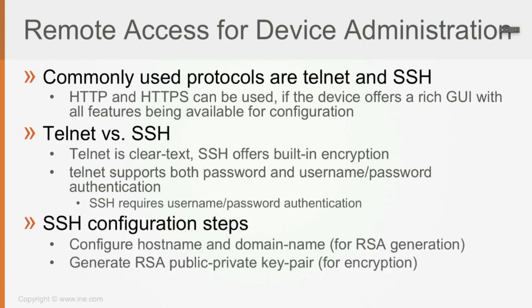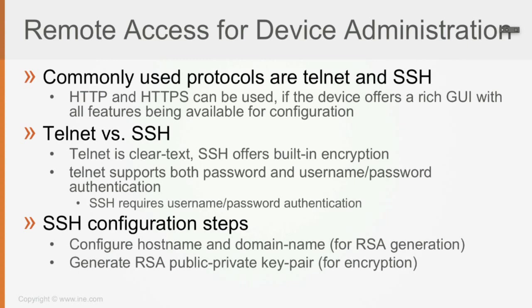Telnet is enabled by default, SSH not, because in order for SSH to provide encryption of the packet, so whatever the SSH payload, all of the commands that you type in an SSH session, and also the username and password you're going to use to authenticate to a router, all of that traffic is being encrypted, so nobody can actually sniff the packet and identify the username and password, while in Telnet they can do that. So in order for SSH to actually provide that security level, it's going to make use of what is called an RSA public-private key pair, which has to be generated.